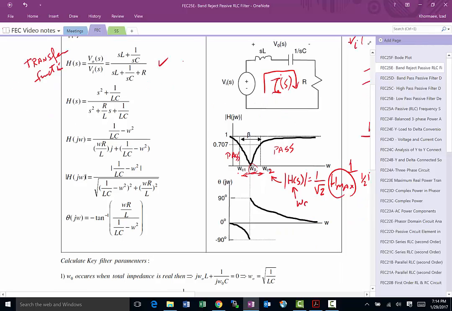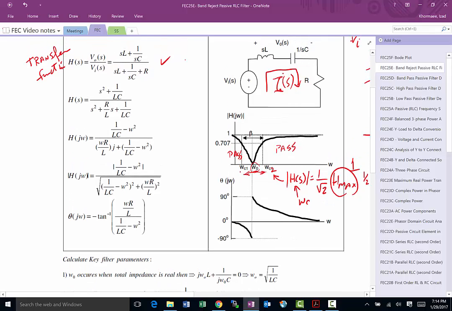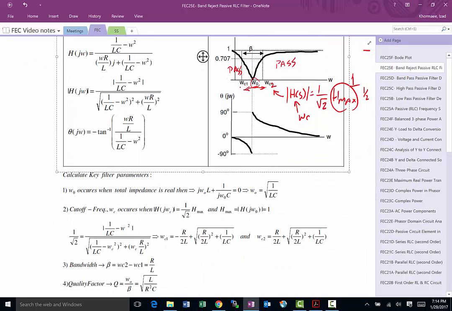Same as before, we can find the magnitude simply by finding the magnitude of the top and the magnitude of the bottom, and dividing. We can find the angle by subtracting the denominator phase from the numerator phase, and then we go from there. Now let's spend a little bit of time calculating the parameters.